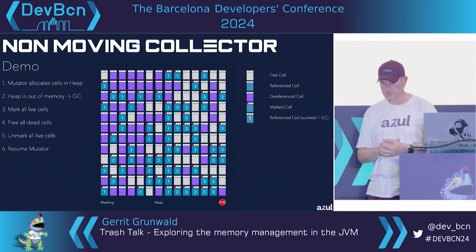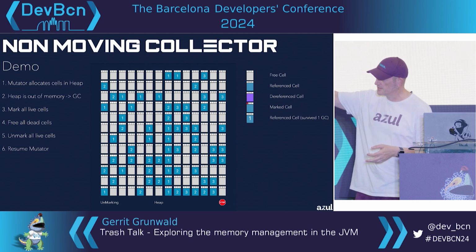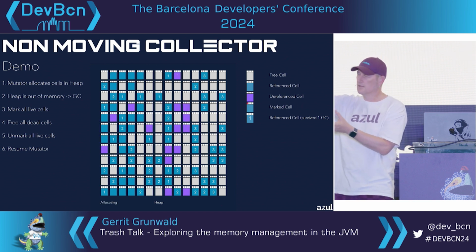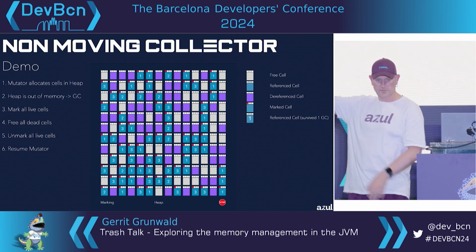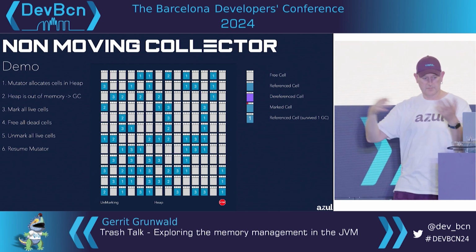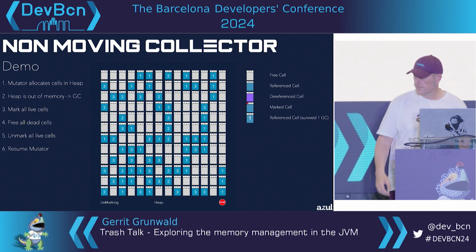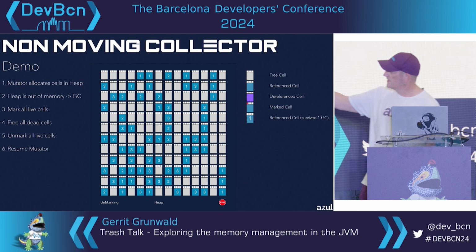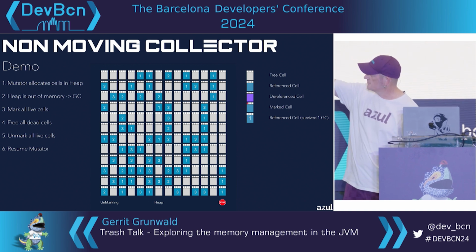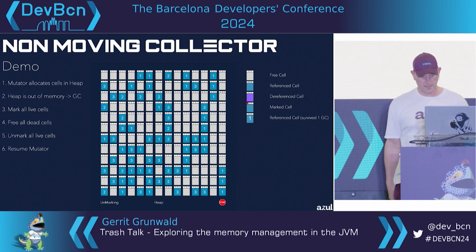But in reality, it's not the case. That means if we would have a big object that needs 4 cells, then it gets harder and harder to find these 4 cells, right? Because we fragment the heap by all this deleting dead object stuff. Okay, so you see, it's already now, it's hard to find these spaces. There are some, but if you fill them up, this is the hard part.